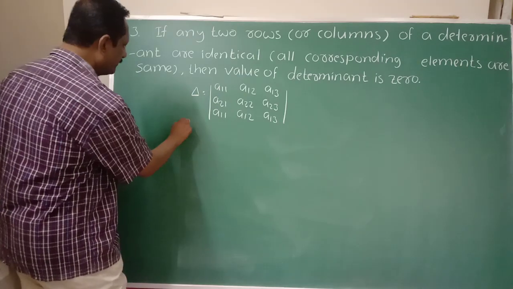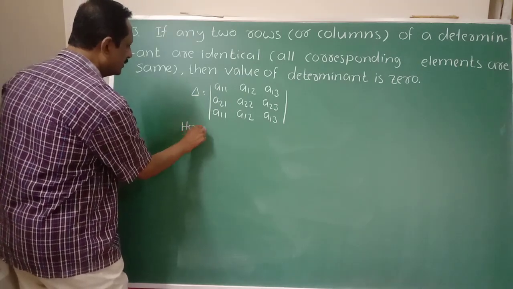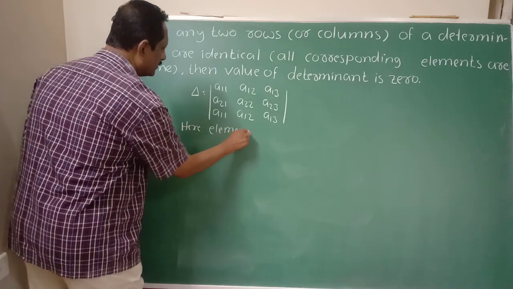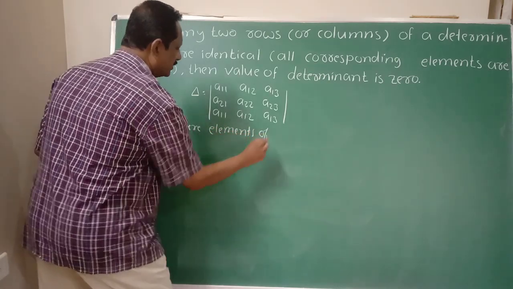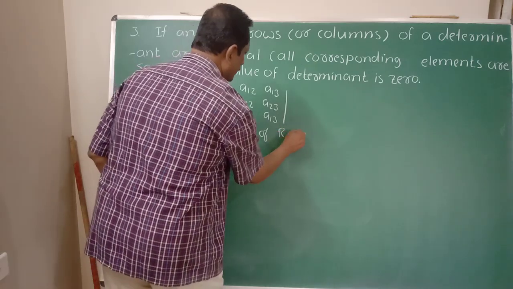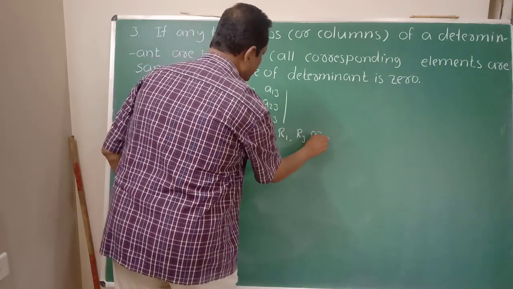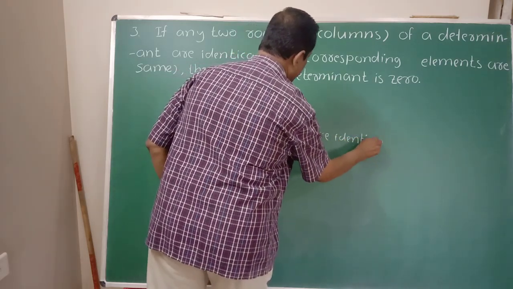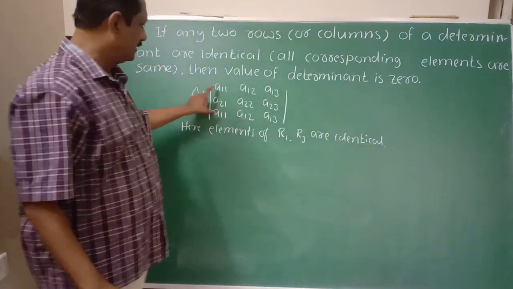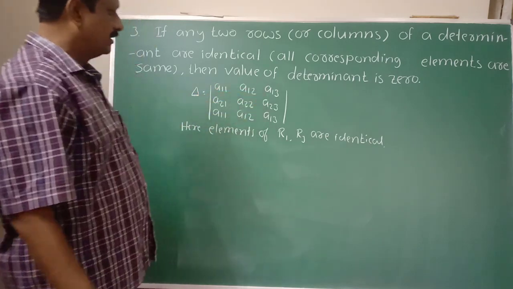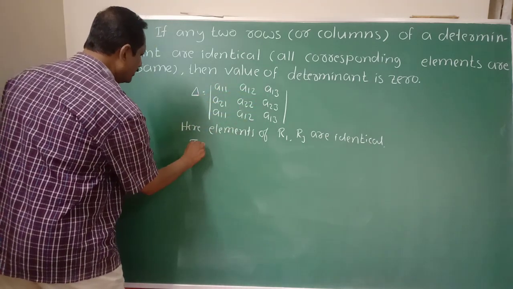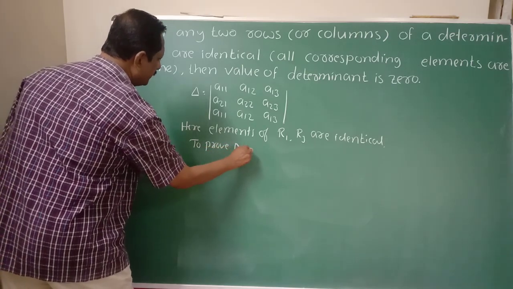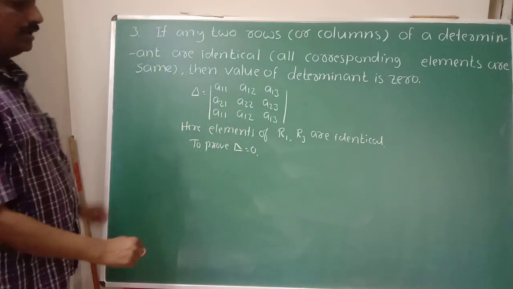The elements of R1 and R3 are identical. Here these elements are the same. In this case, you have to prove that delta is equal to 0, the value of the determinant is 0.